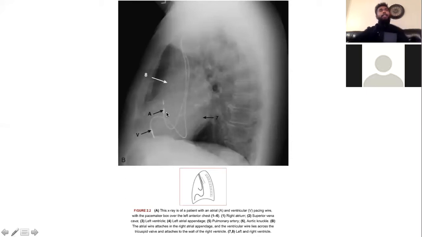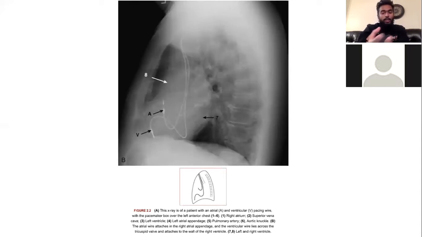But the way it is, it's like in the same plane, but it's more... In the same coronal plane? The coronal is not that.